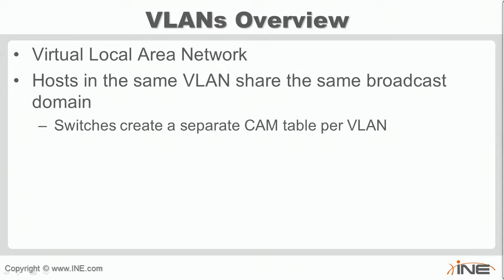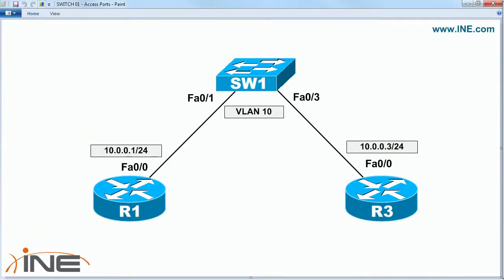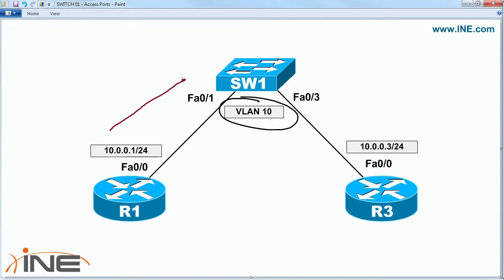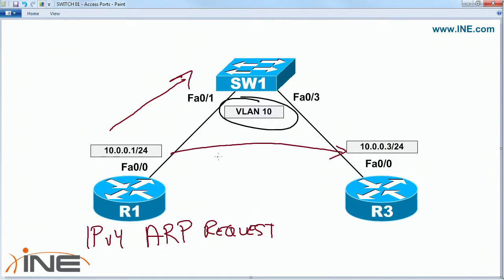So if we were to have a case where there were 2 hosts in VLAN 10, when the switch hears a frame that is coming in from router 1, let's say that this is our IP version 4 address resolution protocol request, or our ARP request, where router 1 is trying to send a packet to router 3. Maybe it's trying to send a ping.